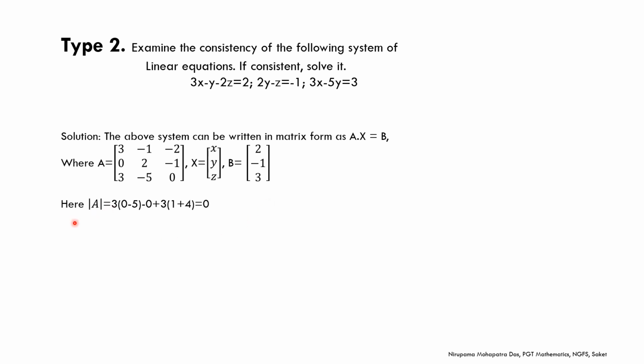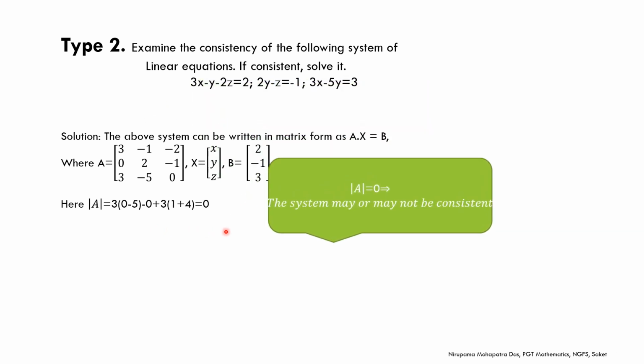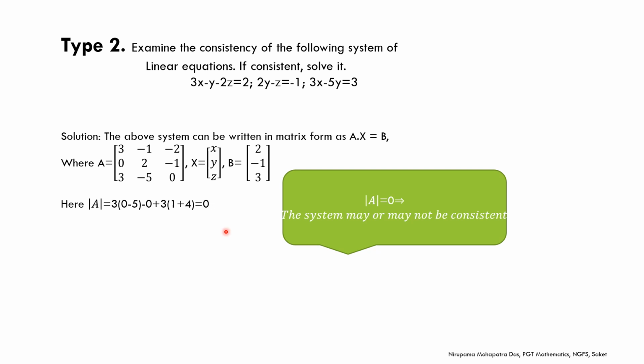Step 1 of the solution is getting the determinant, just to check whether the determinant of A is 0 or non-zero. In this case, the determinant of A is 0. But the determinant of A being 0 doesn't mean the system is consistent. In case the determinant of A equals 0, the system may or may not be consistent.